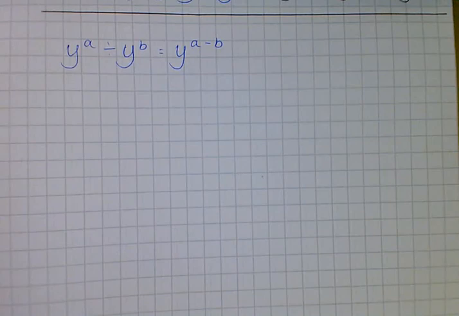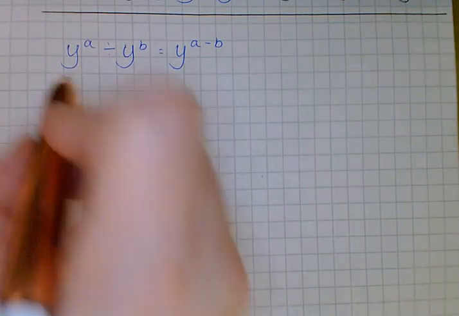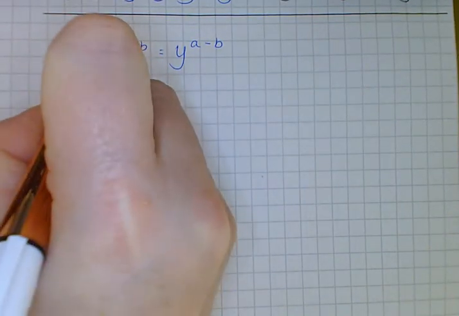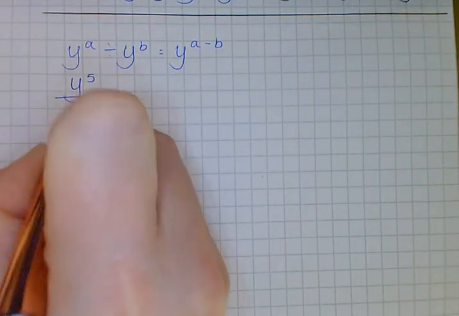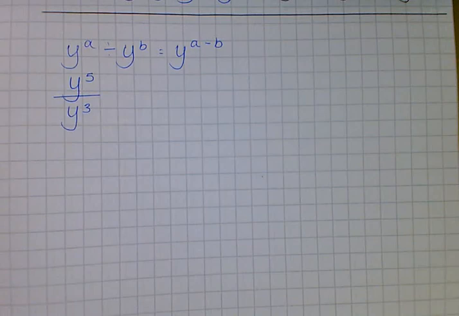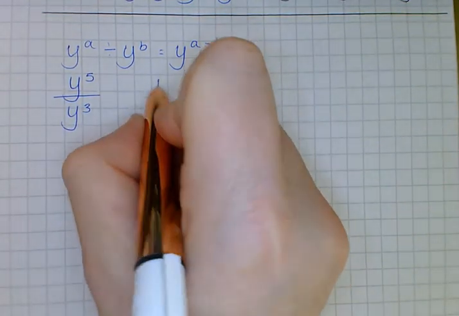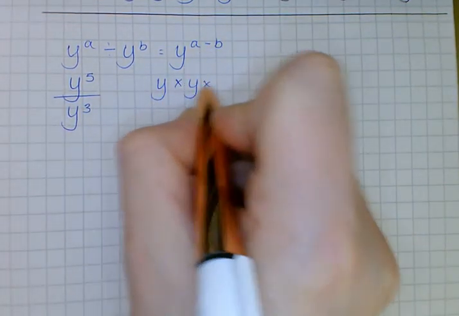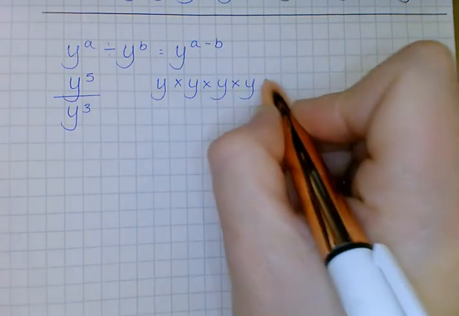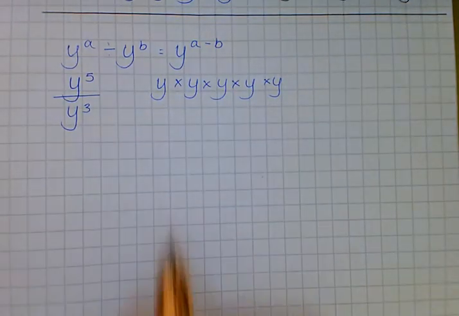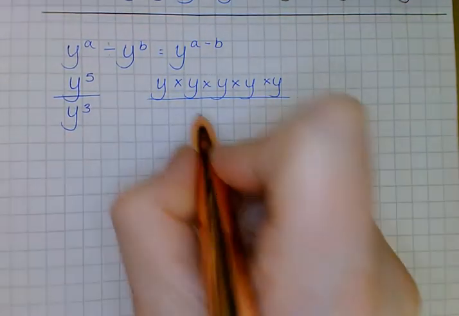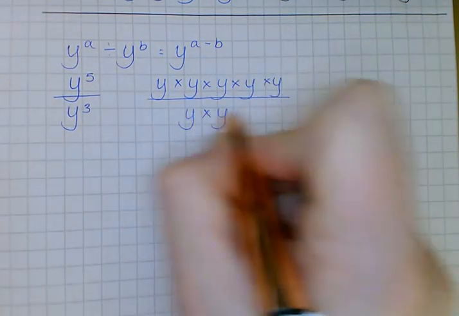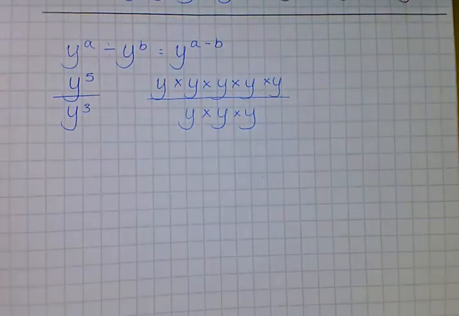Okay. Now let's have a look at why this will work. If we had, for example, y to the power of 5 divided by y to the power of 3. Y to the power of 5 actually is y times y times y times y times y divided by y to the power of 3, so y cubed, y times y times y.